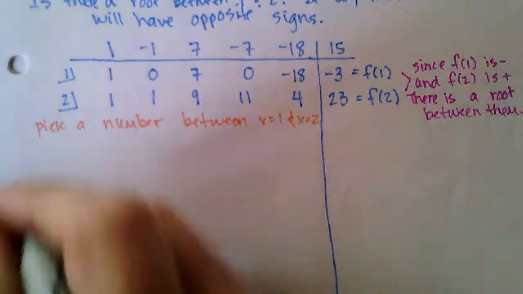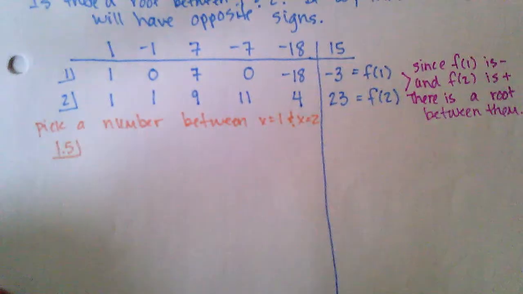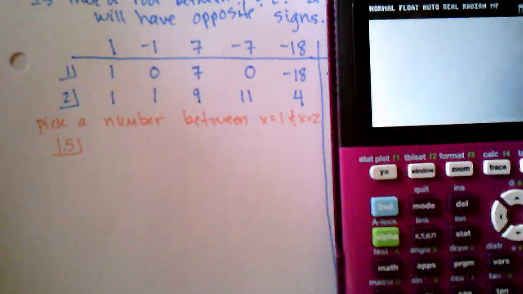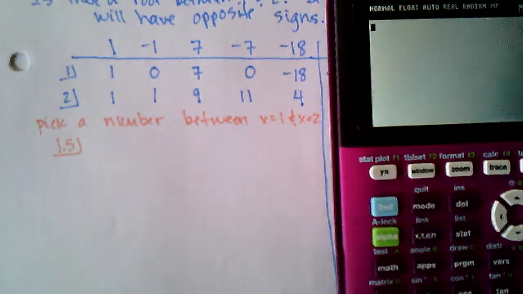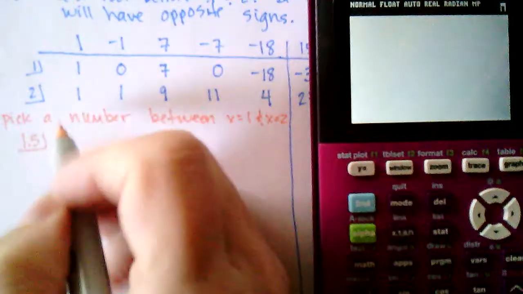So let's say I pick 1.5. Here's where using your calculator is going to come in handy, because what I want to do is synthetic division.